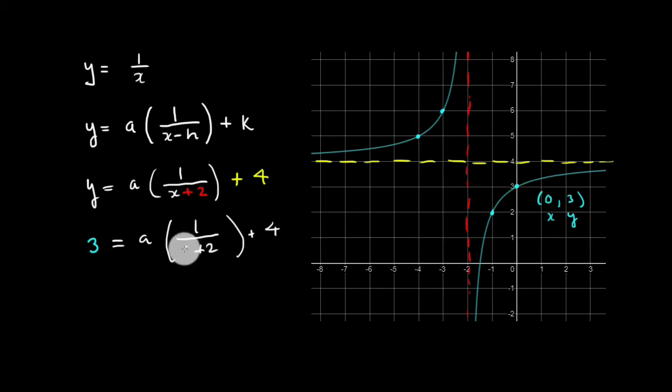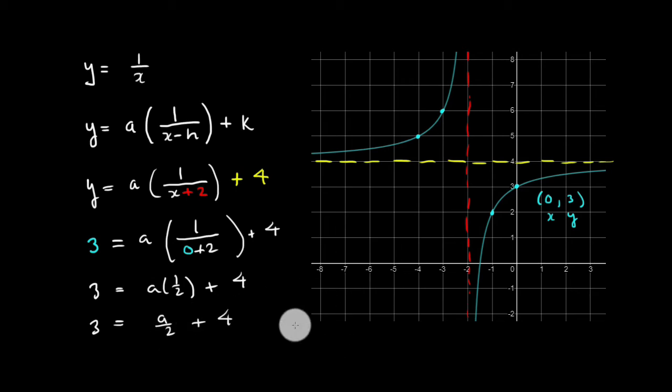And by putting 0 in there, I don't have to think very much. It's just simply going to be 1/2 or a half. And we have a half times a, which of course is just a over 2. So 3 equals a over 2 plus 4.